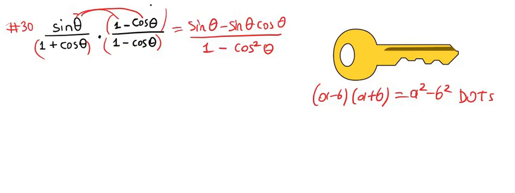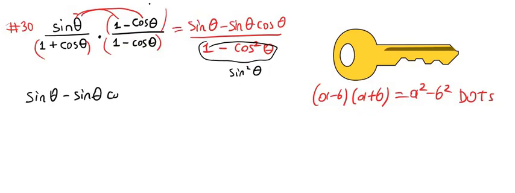In the bottom, we know that 1 minus cosine squared theta is sine squared theta by the Pythagorean identity. And on top, we have sine theta minus sine theta times cosine theta. In the bottom, I have sine squared theta.